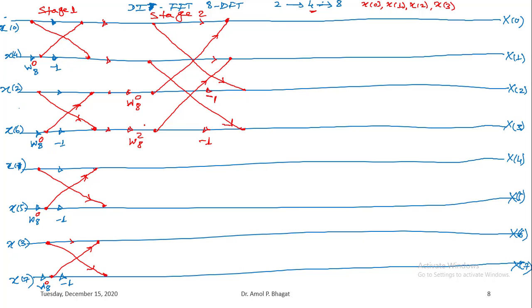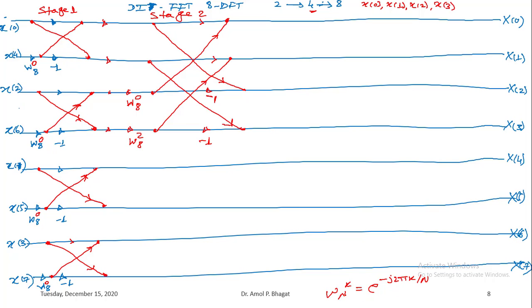We have seen that this twiddle factor, W_N^k, is computed as e to the power minus j 2 pi k by capital N. So here if it is W80, it will simply be e to the power 0.